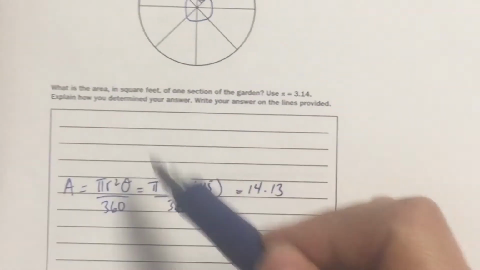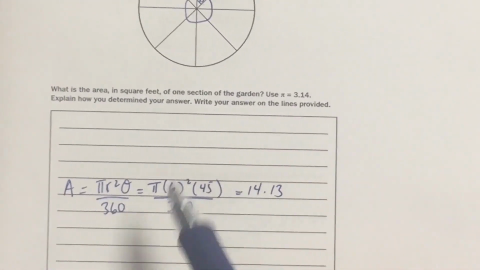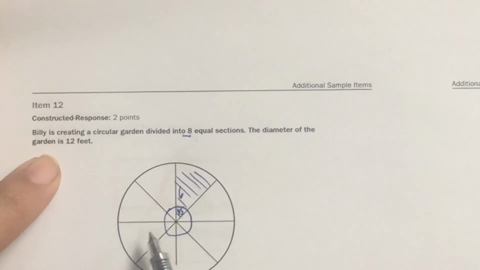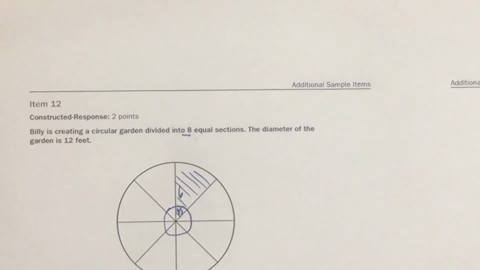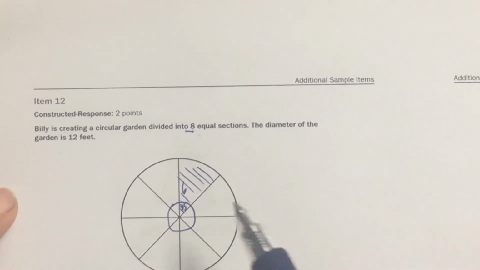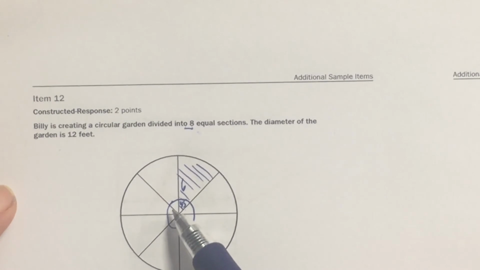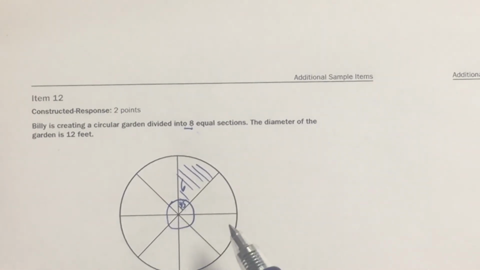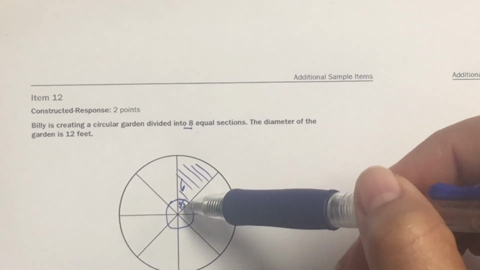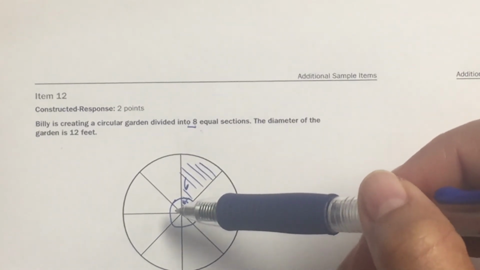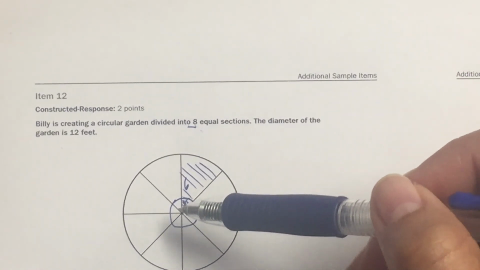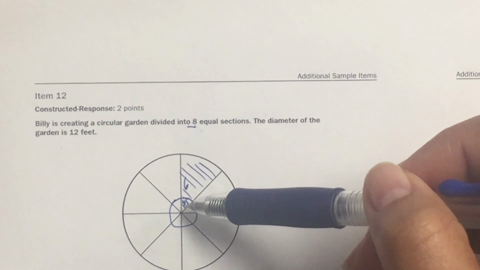Okay, so now let me tell you that whole explanation. So you would be writing this, okay? So let me say that whole explanation again. Given the diameter is 12, I found the radius to be 6 because the radius is half the diameter. Given that the garden is split into 8 equal sectors, I determined the angle of each sector to be 45 because the whole thing would be 360, and there are 8 of them, so 360 divided by 8 would give me each angle as 45.